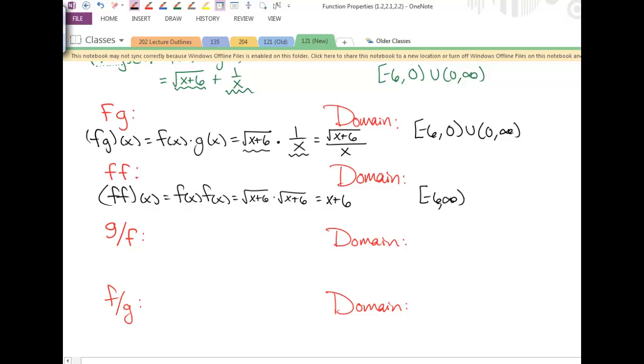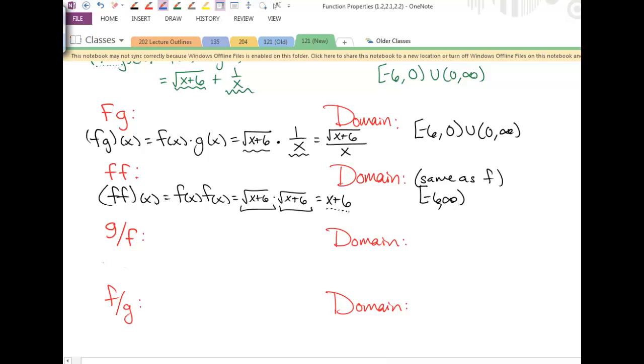It's still only numbers greater than or equal to negative 6. In order to form this function, we really have to be able to compute f and then just multiply it times itself. So even though x plus 6 on its own, you'd be able to plug in anything, for this product, the domain is only the domain of f.